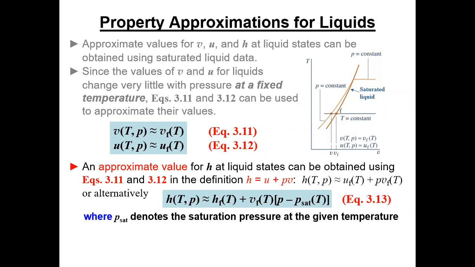Pound force per inch squared. So I'm going to have to get the inches out of there. So I've got to multiply by 144. And then that's going to give me what? Foot pound force. Yeah, foot pound force. And then I've got to divide it by 778 to get it into BTUs, if that's most likely what the internal energy is going to be in. So, you know, when you use these equations, be careful on your units. You can't stress it enough.